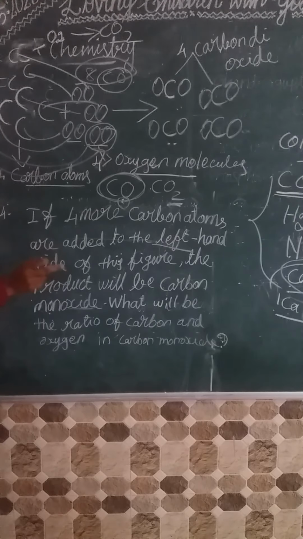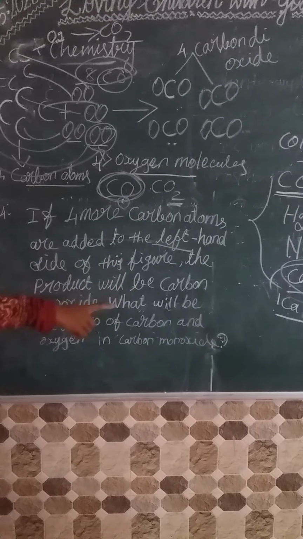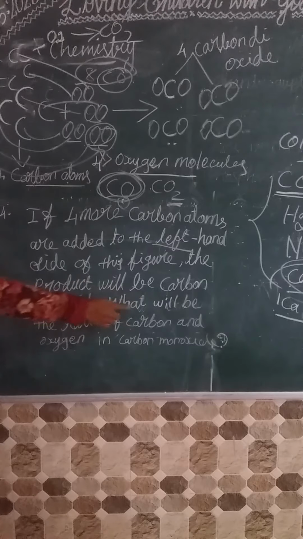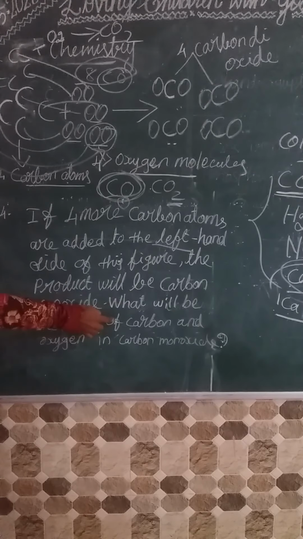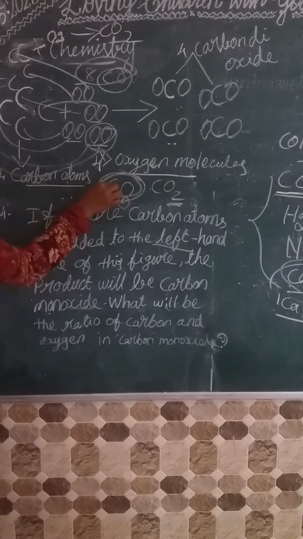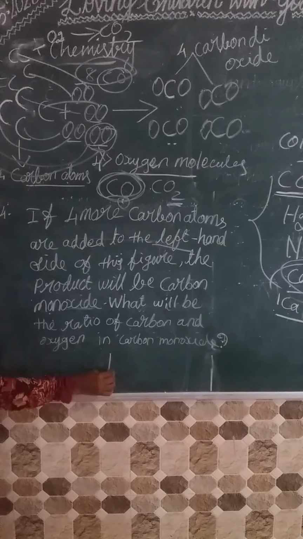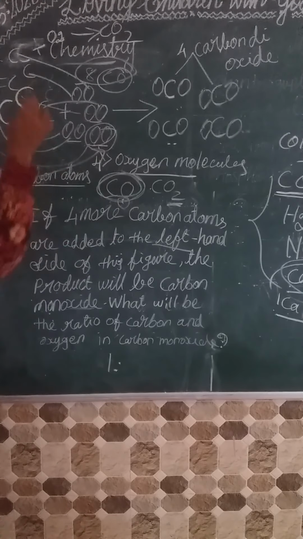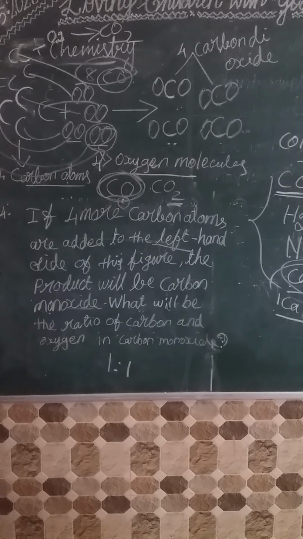So the answer: in this carbon monoxide, our question is, what will be the ratio of carbon and oxygen in the carbon monoxide? So you know the ratio. How many carbon is there? 1. How many oxygen is there? 1.